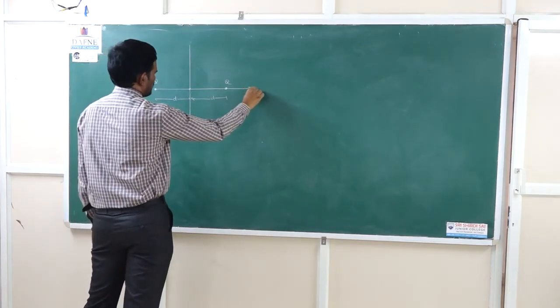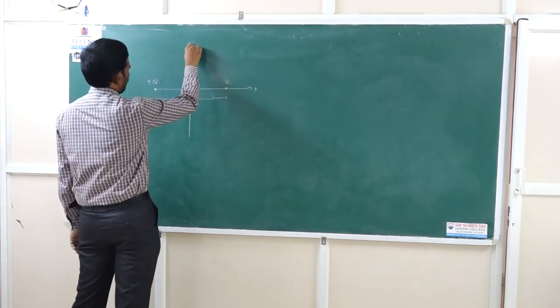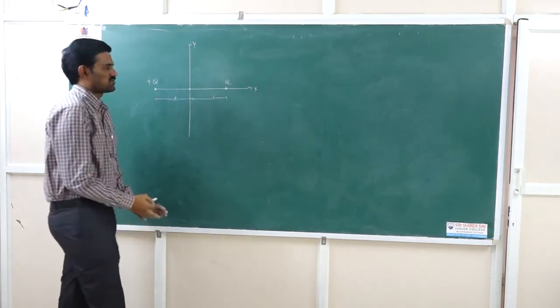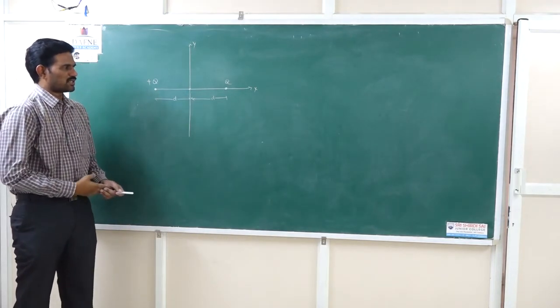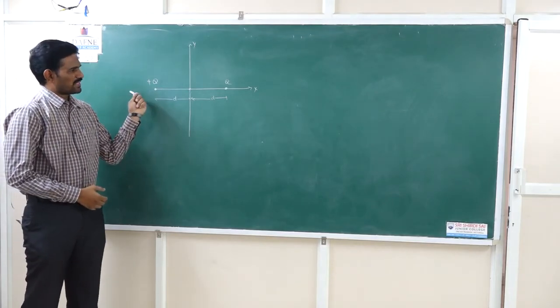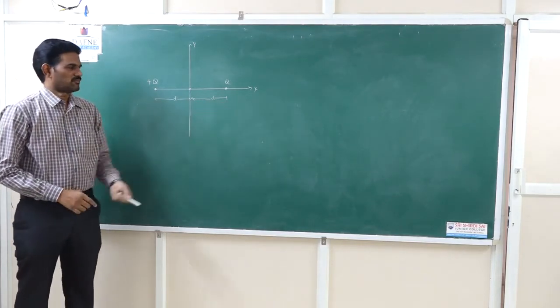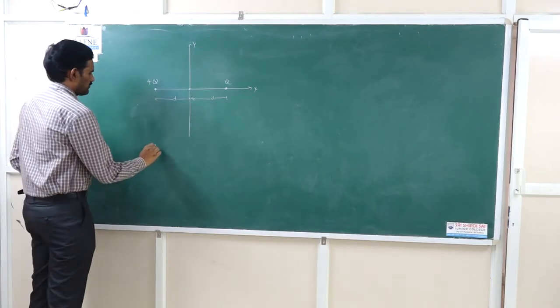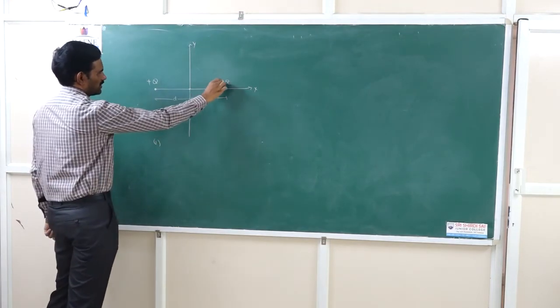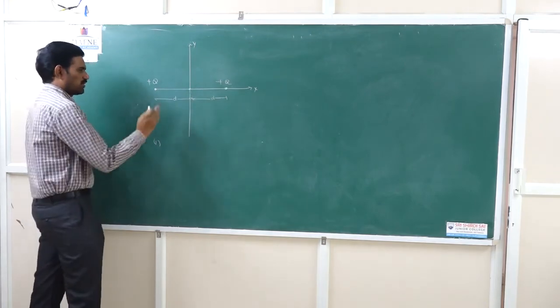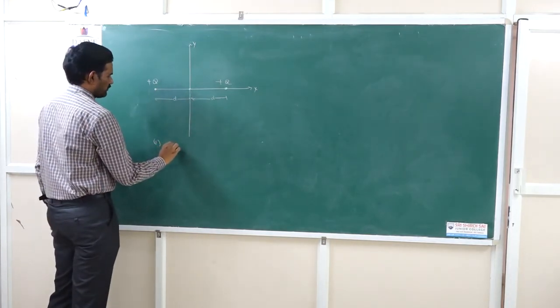Let us take this as the x-axis and this as our y-axis. Here we need to draw the variation of the electric field when you are traveling along the x-axis. Two fixed charges are there like this, both are identical charges.